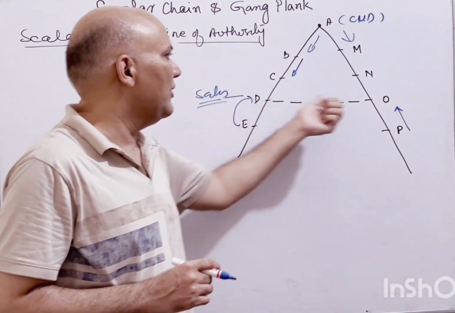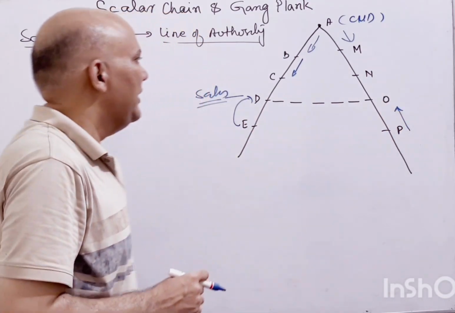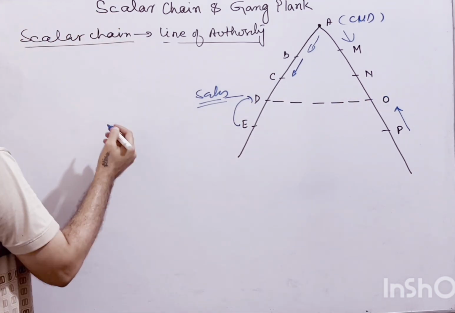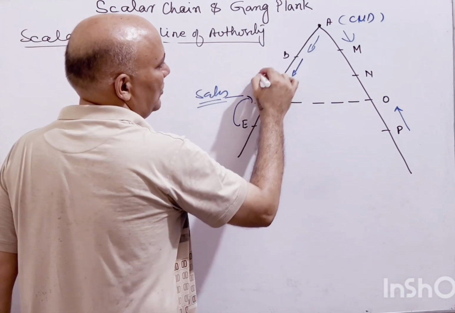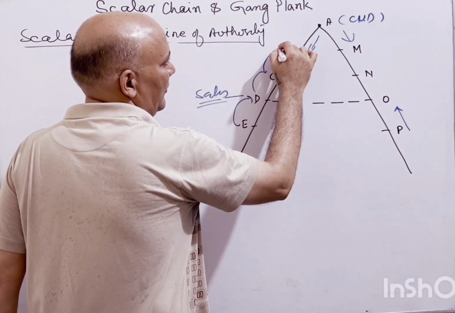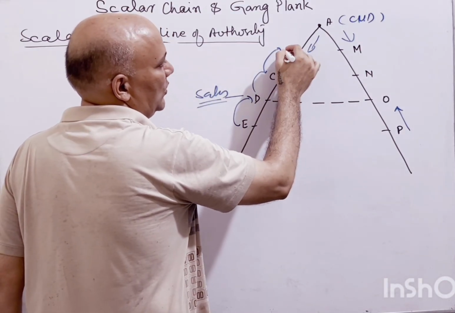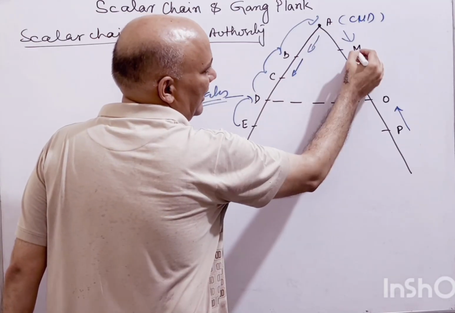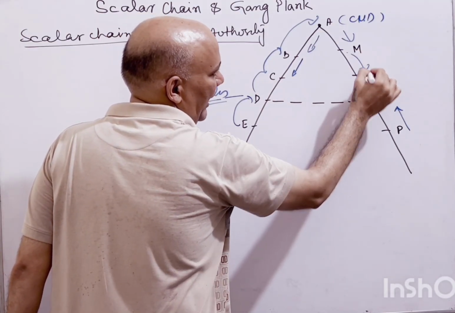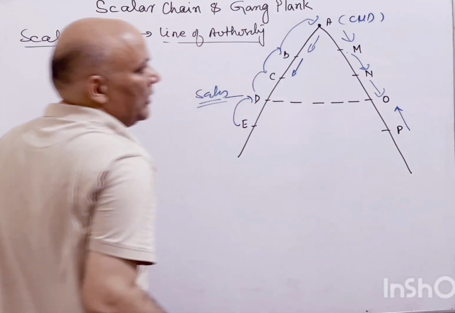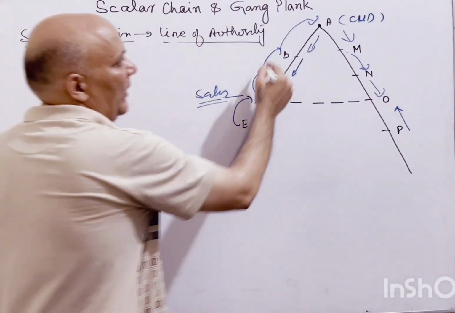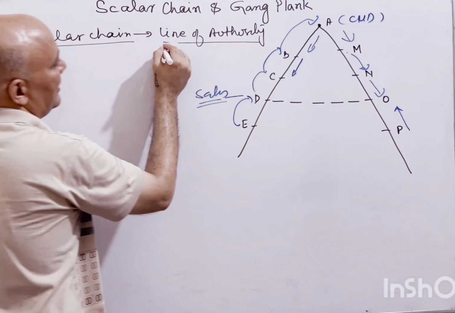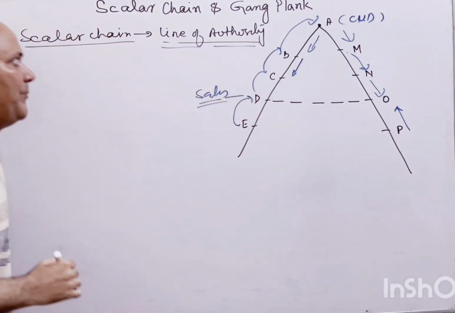If he wants to communicate with O, right, he cannot go directly to O. As per the scalar chain or the line of authority, what he has to do is he has to go to C. That information will go, or the communication will go to B. The communication will go to A, then A will give to M, then M will give to N, and N will go to O. So this is the way how the things will flow in the organization as per the scalar chain, which is also called line of authority, right?